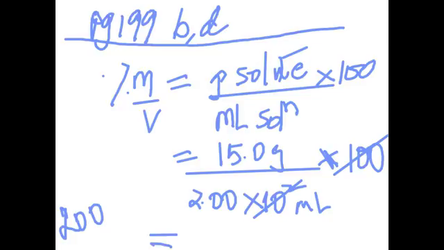All right, guys. So the final answer is what? Okay, so there's 15.0 on the top and 2.00 at the bottom. You should have 7.50.